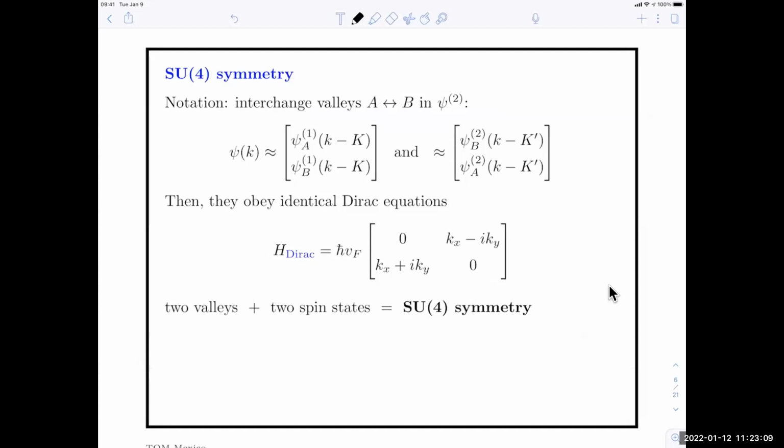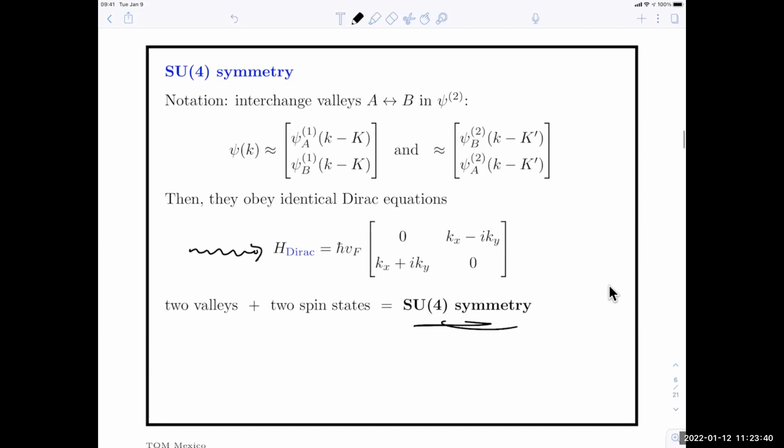Restore spin, that's double times 2, a 4-fold degeneracy. So at least the naive weak coupling model of graphene would use this massless Dirac Hamiltonian, would describe in a sense the low energy excitations near the Fermi level by this Hamiltonian, with an additional 4-fold degeneracy, which looks like an SU4 flavor symmetry.